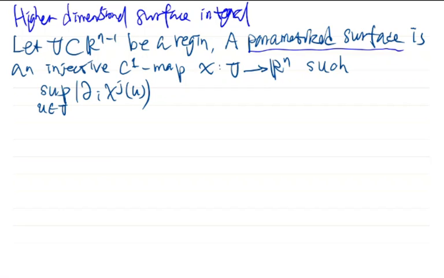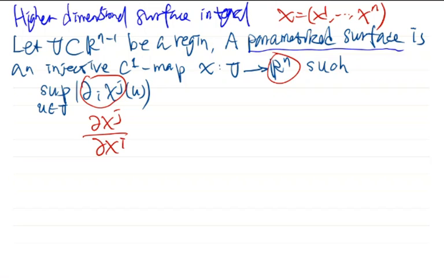Because X is a vector valued function, X has n components, and Xj is the jth component. So this ∂Xj/∂ui is precisely the derivative of Xj with respect to ui. The independent variable is u. For all i and j, the derivatives of Xj with respect to ui are all bounded.